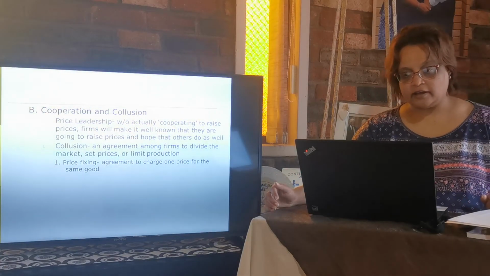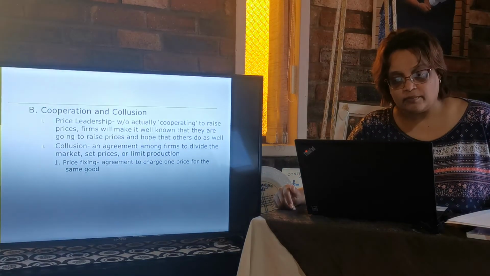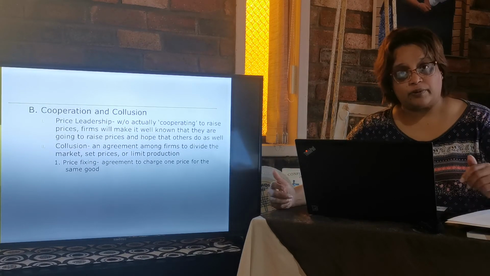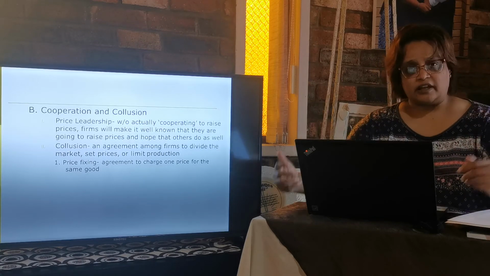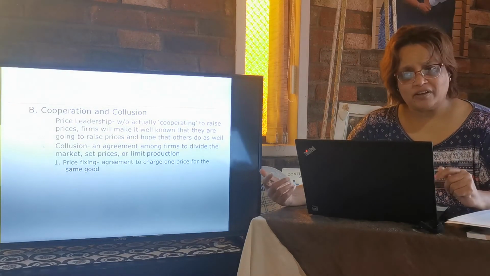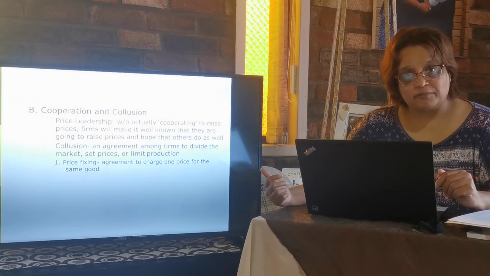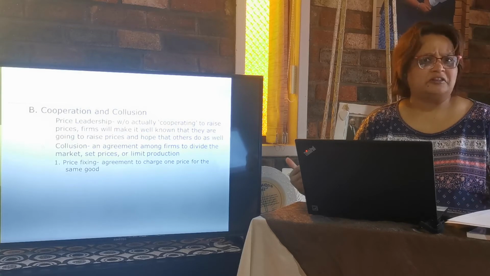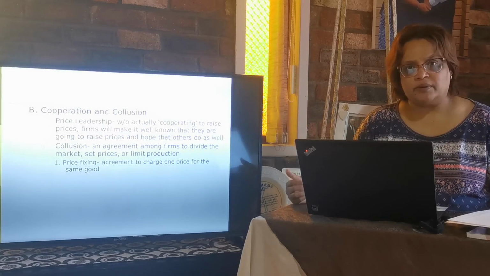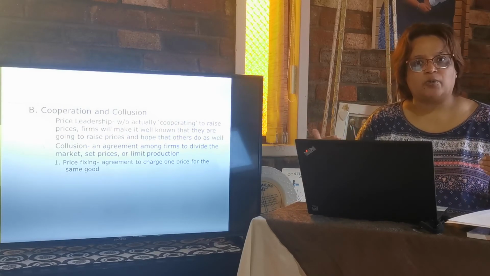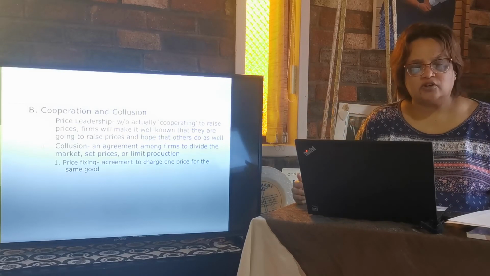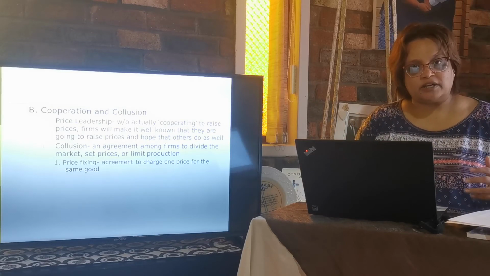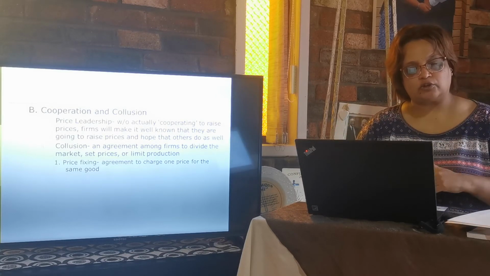And then collusion, an agreement among firms to divide the market, set prices or limit production. This is where price fixing takes place. So we're looking at the agricultural market, where people try to drive prices to the same because the farmers are looking at fertilizer, implements, equipment, and they don't want these companies to extort too much money out of them, because extortion then will drop the profits.